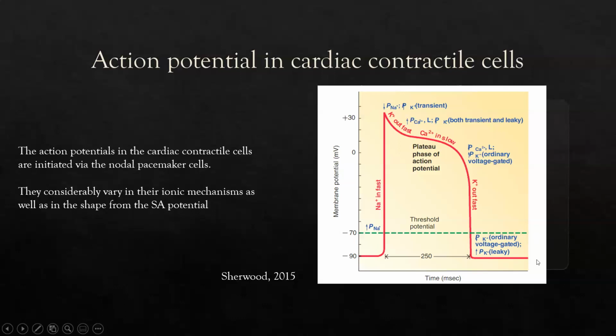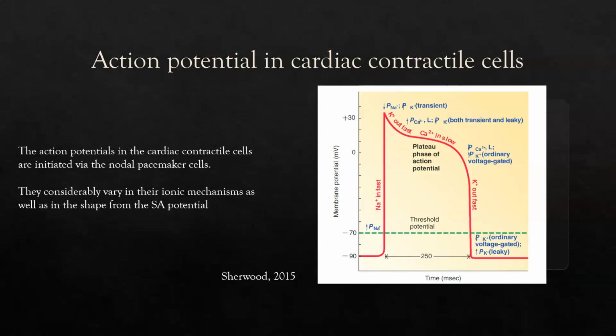After that rapid rising phase, the plateau, and then our rapid falling phase, again from different stimulus, but all together activating each other. So this is a visual graph of the action potential in cardiac contractile cells.